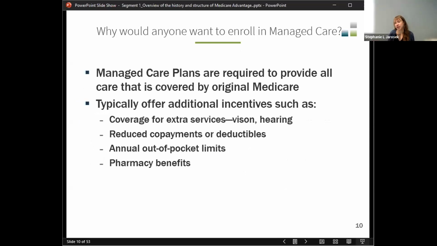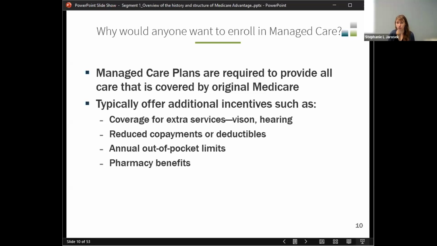So when we talk about how managed care is kind of maybe limiting care a little bit, you have to have a primary care provider, and you have to maybe go through utilization review or some of those things. Managed care plans do provide everything that's covered by traditional Medicare, and oftentimes they will cover even more.